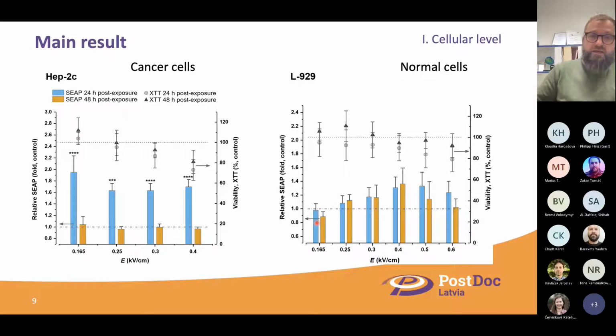So it means that such a system can be explored as an instrument, though not for all cells.